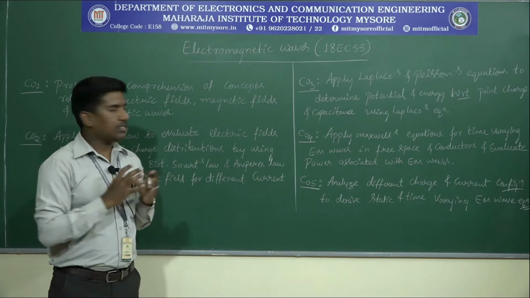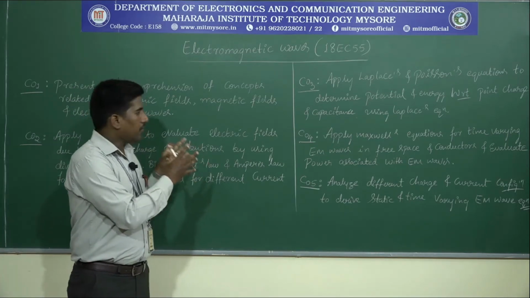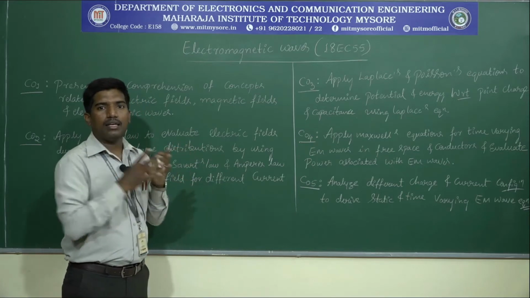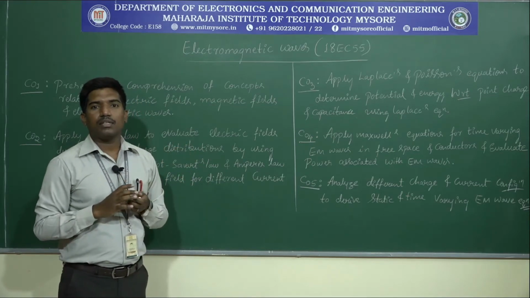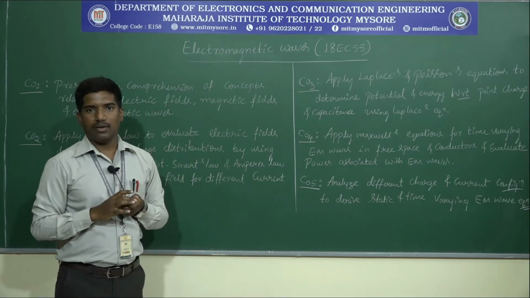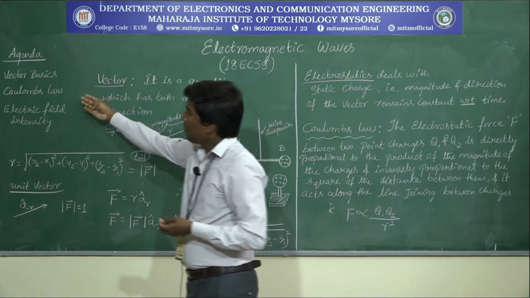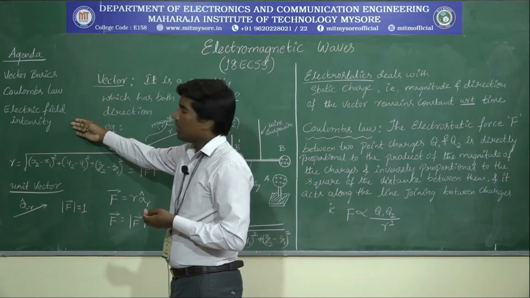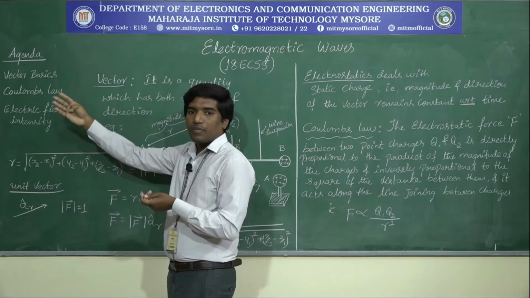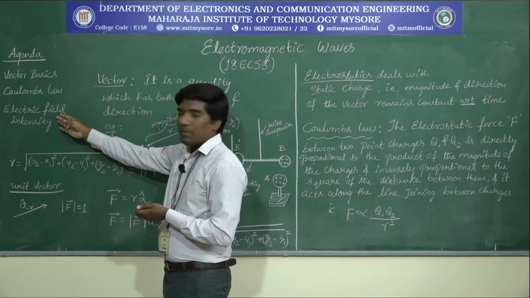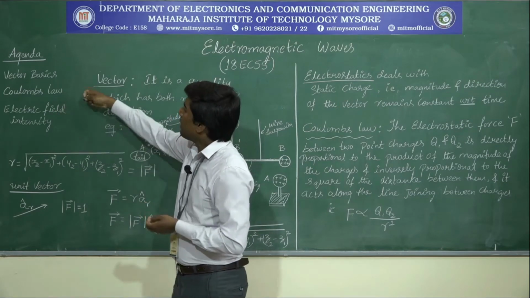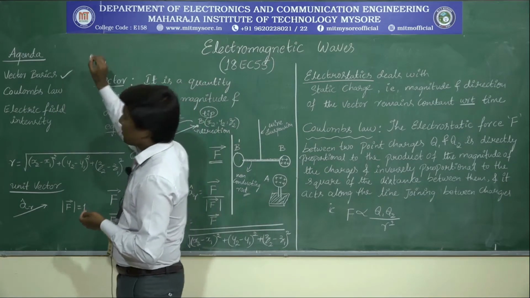Got it? So this is the course which plays a prominent role in getting the electronics and communication engineering degree. We are going to study vector basics, Coulomb's law, electric field intensity and distribution of charges in different applications.